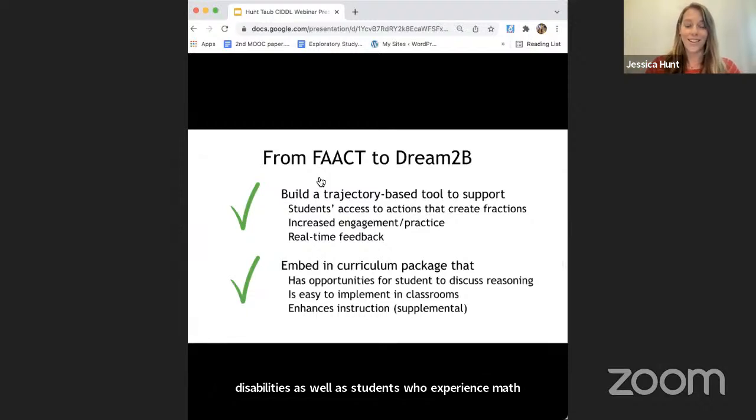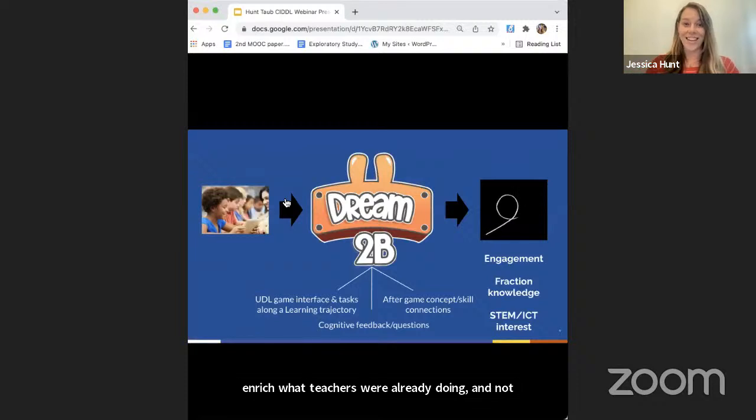So I wanted to take the idea further and build a technology tool based on that same trajectory that provided opportunities for students to both create and quantify fractions in game-based challenges, but also increase engagement and provide real-time strategy-specific cognitive feedback. And I think what was important for me most of all as a former teacher was to make the tool easy to implement in classrooms and to enhance or enrich what teachers were already doing. And that turned into Dream to Be.